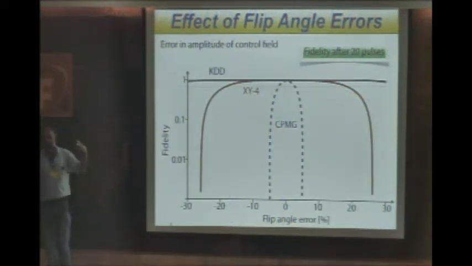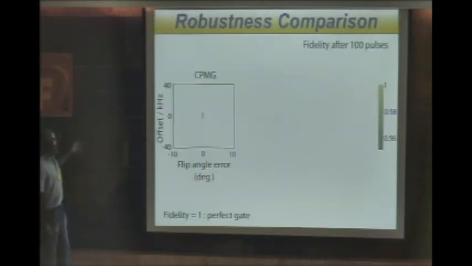It eliminates experimental imperfections. Now, this was one experimental imperfection. Of course, in reality, you have more than one experimental imperfection. So here I assume you have a flip angle error and an offset. This traditional CPMG sequence has a, say, usable performance in this green range.